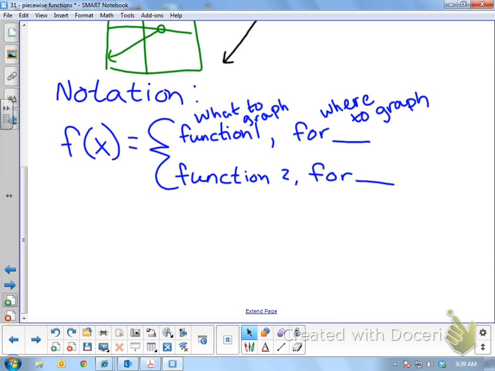That kind of curly bracket is called a brace. That brace means we're working with more than one function at a time. First they give you the functions you're working with. These are telling you what to graph. A function is what we actually graph. I gave you two functions here, and I just named them function 1 and function 2.